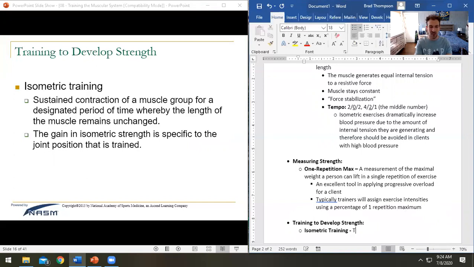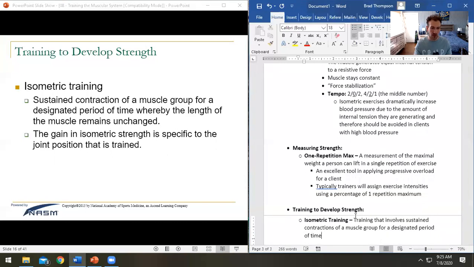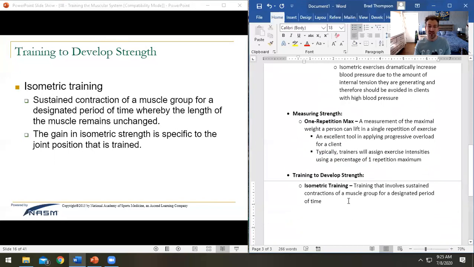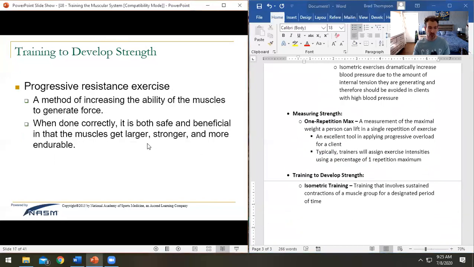But it's basically training that involves sustained contractions of a muscle group for a designated period of time. Typically, when you're doing this, the only goal is to get better at that specific range of motion.